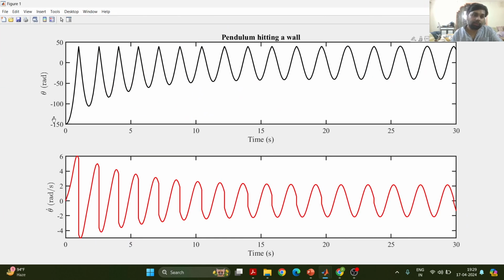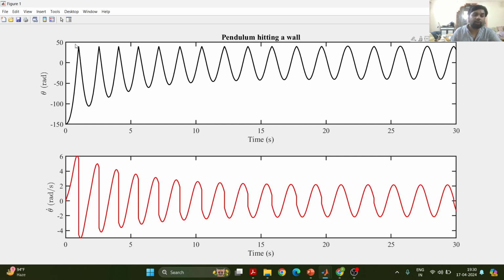See, in this case we assume that the pendulum was released with an angle of minus 150 degrees, and there is a wall at 40 degrees. Here the angle reaches up to 40 degrees, and then it reverses.